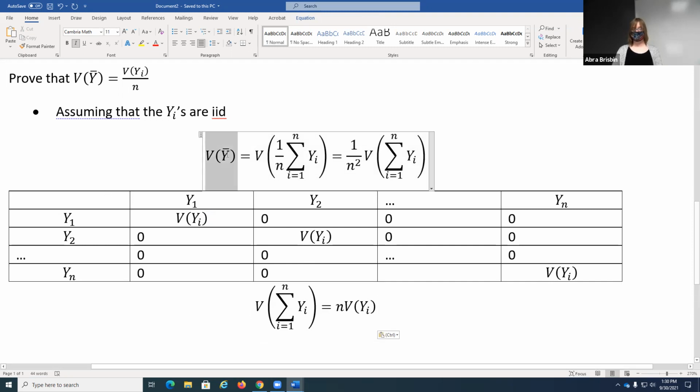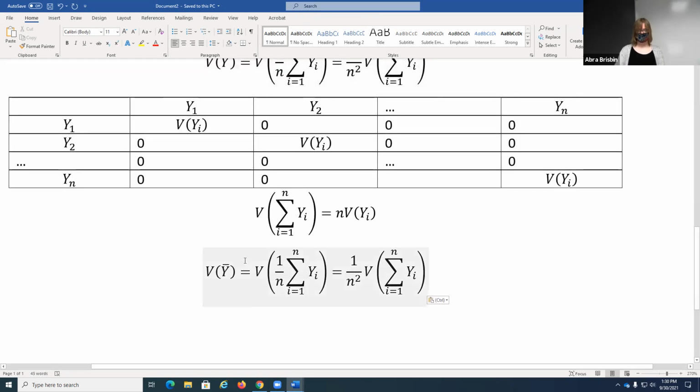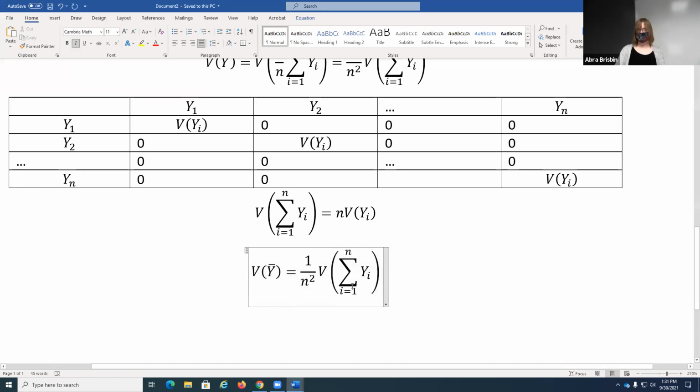So now we have the variance of y bar is 1 over n squared times the variance of the sum of the y sub i's. Well, the variance of the sum of the y sub i's is n times the variance of y sub i.